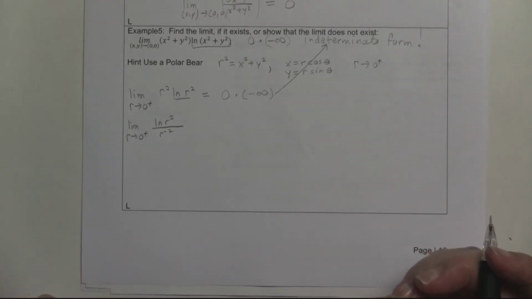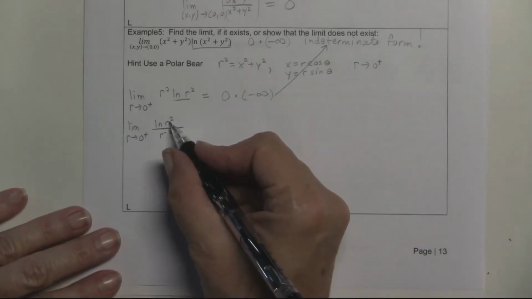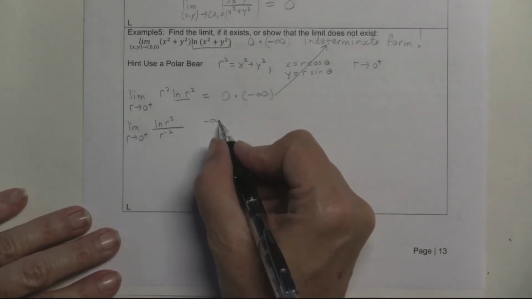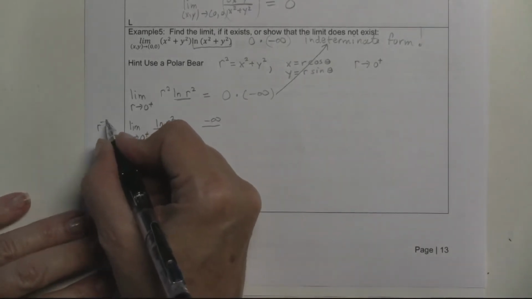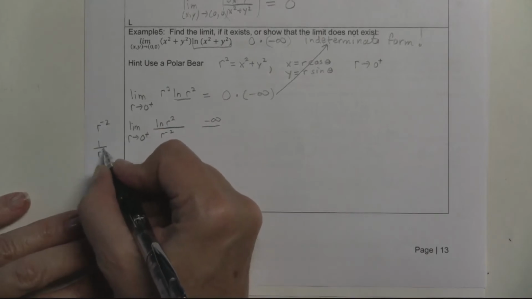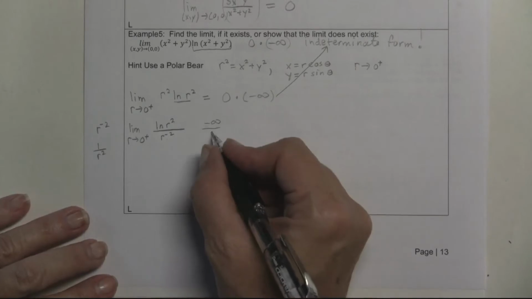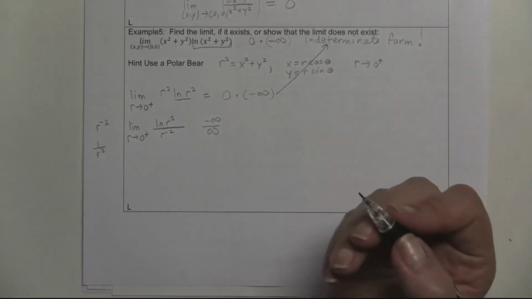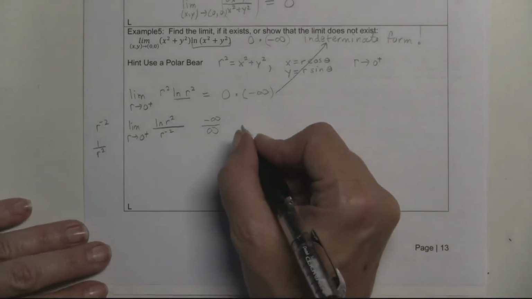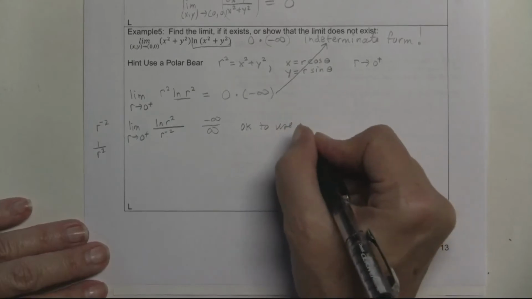And now, as I get close to 0, this numerator is getting close to negative infinity. And this denominator, because r to the negative 2 is really 1 over r squared, as I get close to 0, is getting close to infinity. And if you have plus or minus infinity over plus or minus infinity, it's okay to use L'Hopital's. So now it's okay to use L'Hopital's.